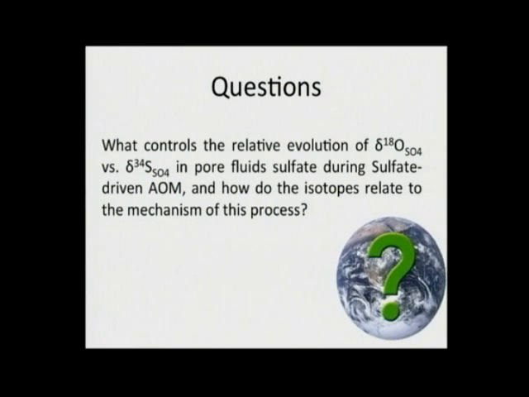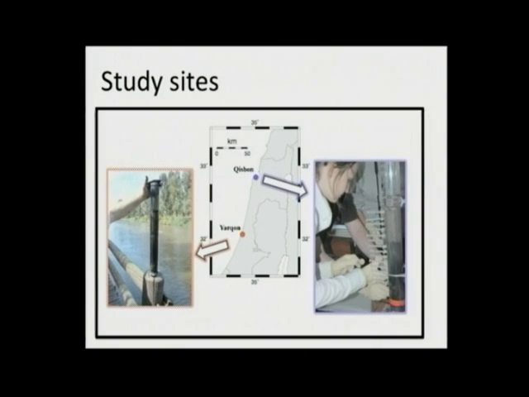As I told you in the beginning, we can tell by using the isotopes the different ways that sulfate is being reduced, the pathway by which sulfate is being reduced. So can we see it in the isotopes? And if we can, what can it tell us about the difference between these two processes?